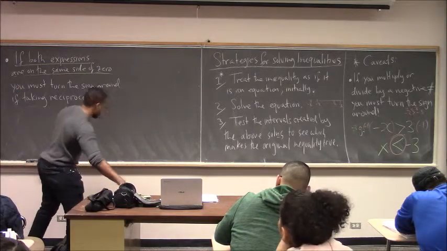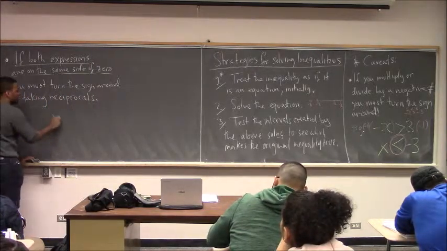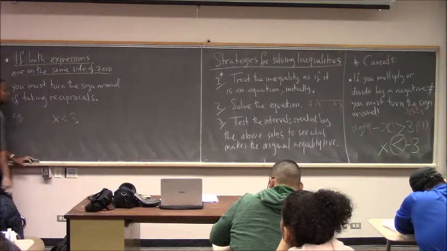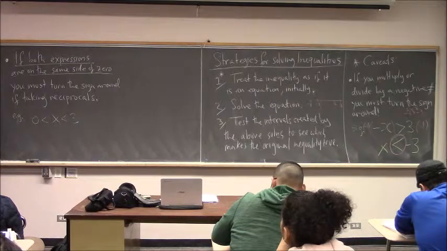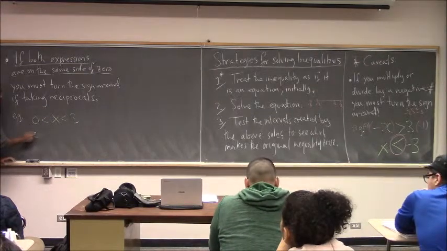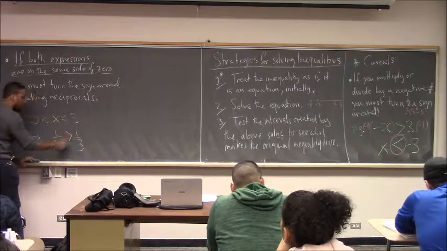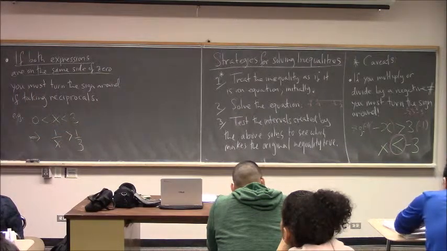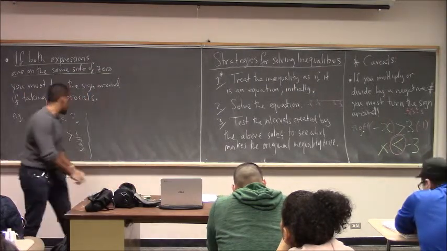So, for example, if you know that x is less than 3, but at the same time you know they're both positive, so they're both on the right side of 0, then if you put 1 over x and 1 over 3, the sign has to turn around. You can think again of a key example with specific numbers.